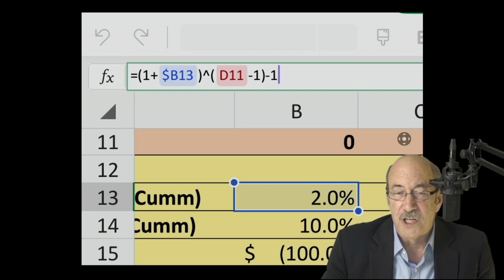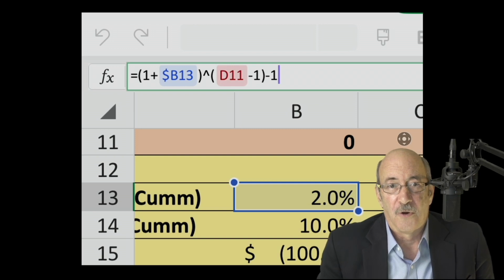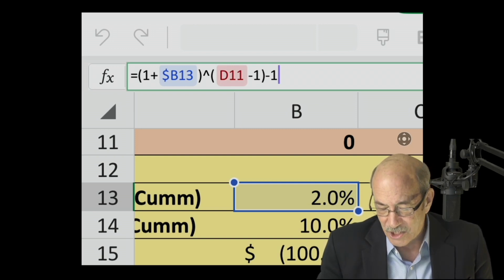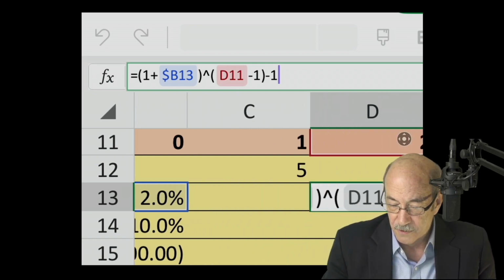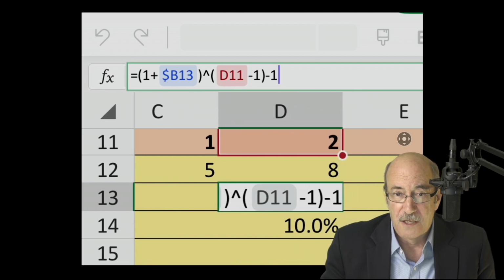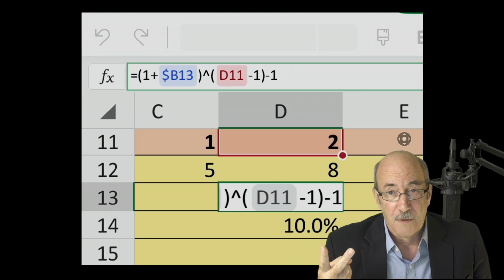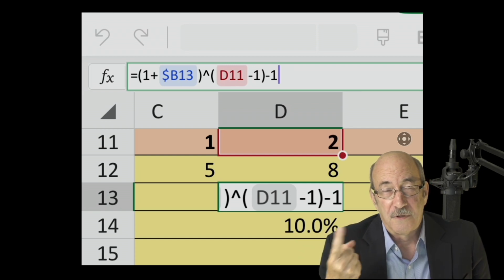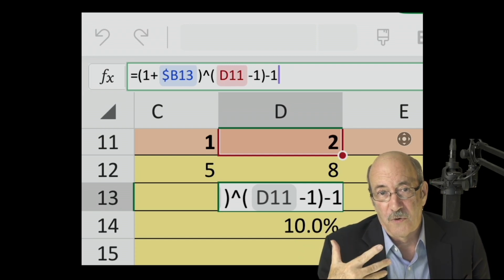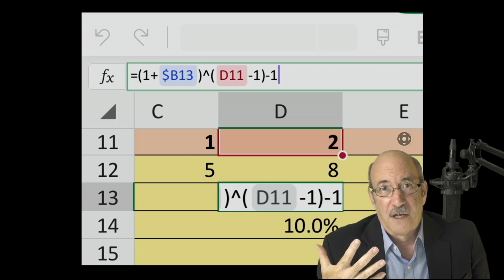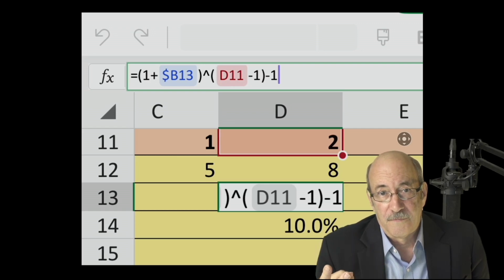And I raised it to this exponent here. So that exponent is D11 minus 1. So in this case, D11 for year 2, D11 is 2, minus 1 is 1. So I'm only increasing by 2% for that second year.